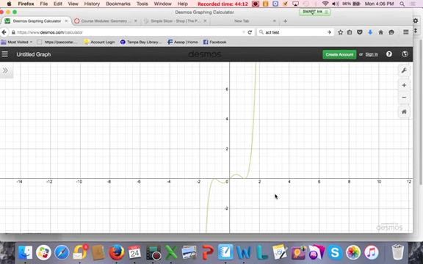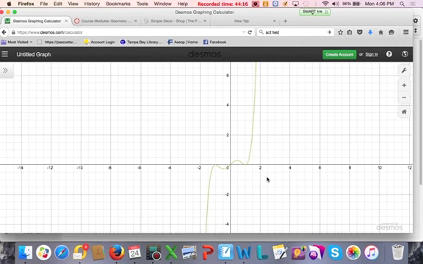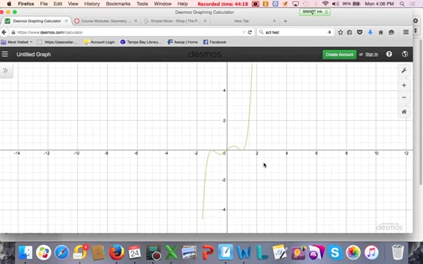Okay, so I've got my graph, and it looks like it could be odd. I'd hope that you'd notice it's definitely not even. It's not symmetrical over the y-axis, but it could be symmetrical over the origin.